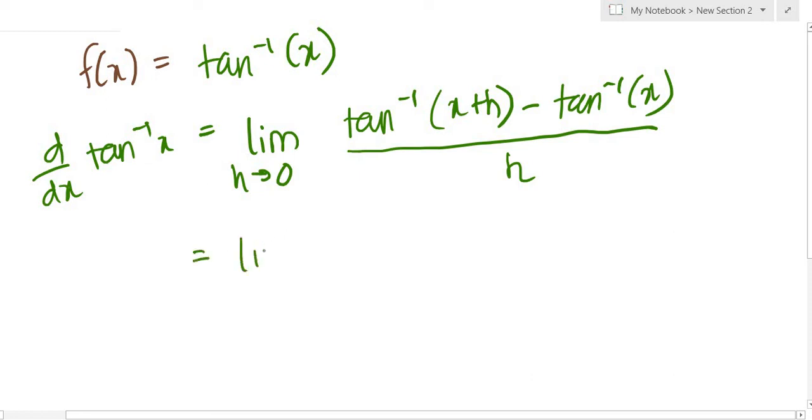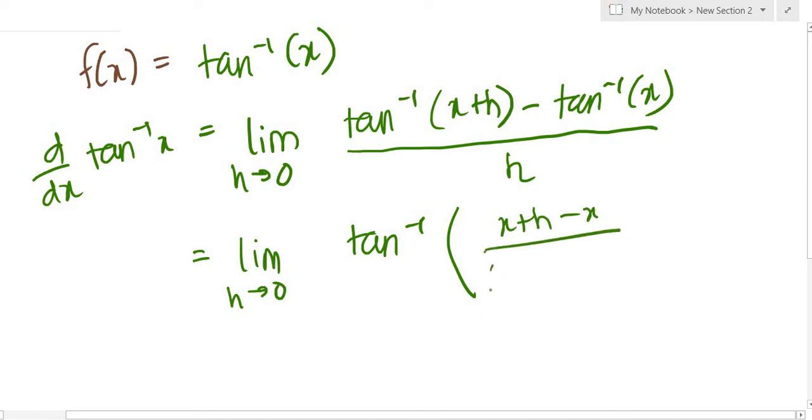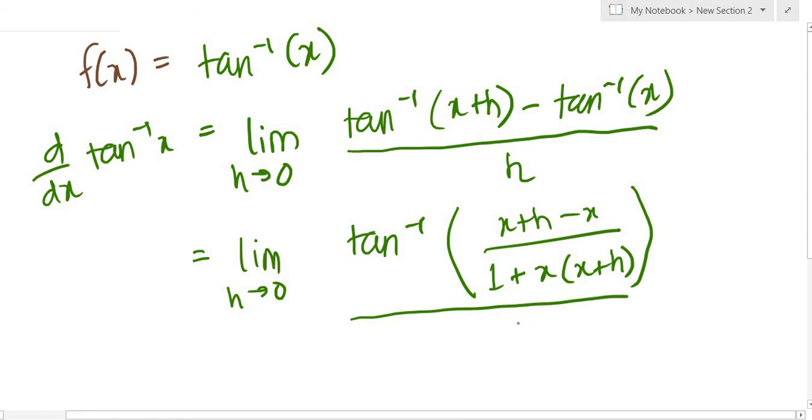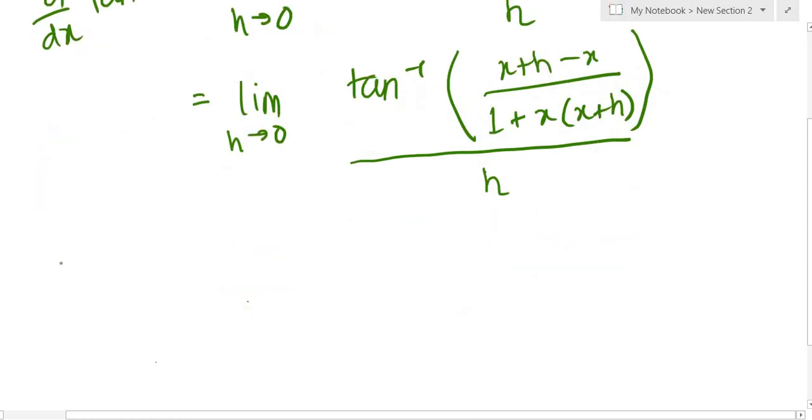Now there's an identity. First, let me just write the numerator according to the identity as x plus h minus x over 1 plus x times x plus h, all over h. It's all about identities, and see, we have tan inverse of x minus the tan inverse of y.